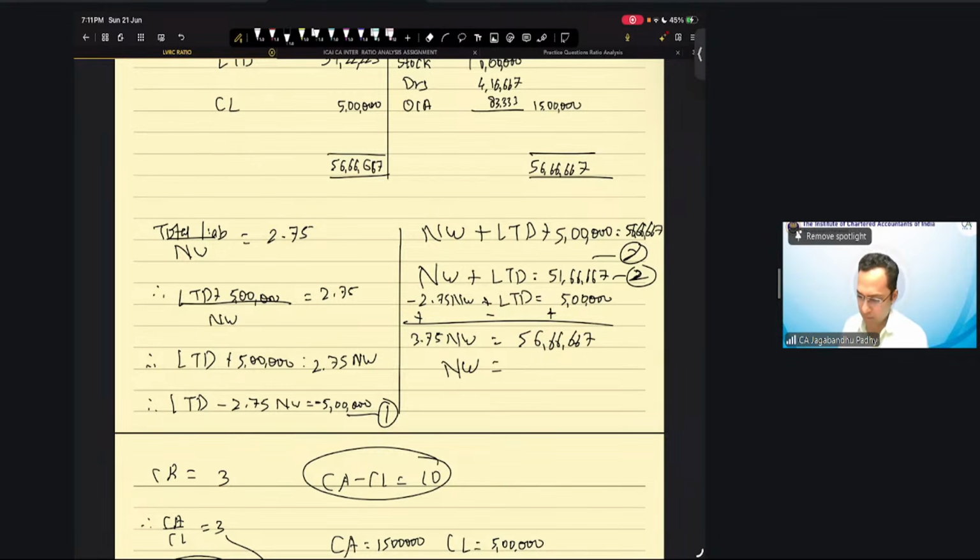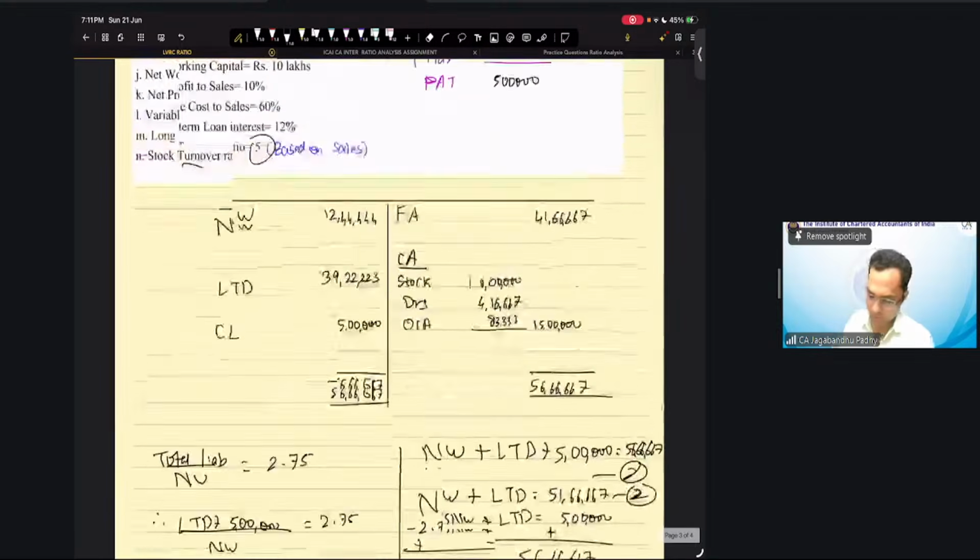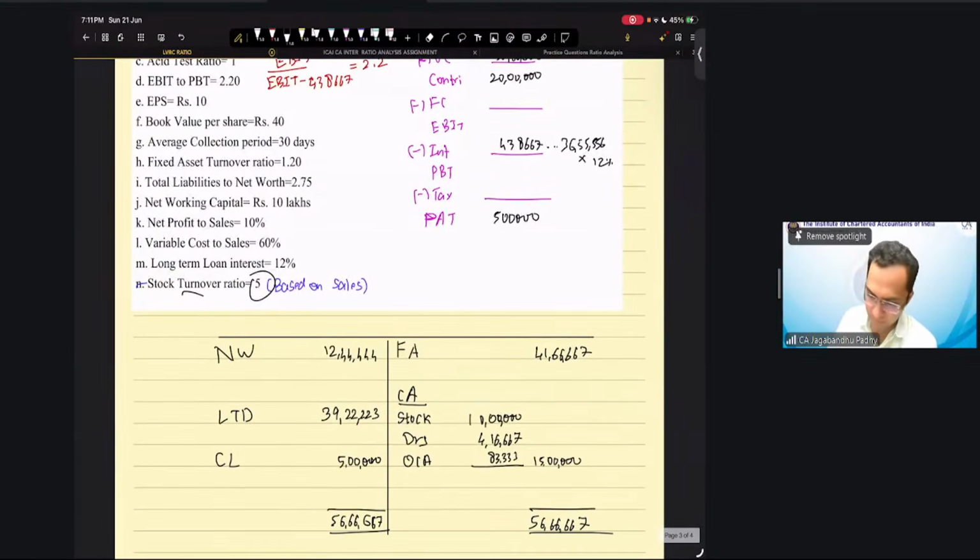So net worth is 56 lakh 66,667 divided by 3.75, which is 15 lakh 11,111. So the previous values were correct. So net worth is 15 lakh 11,111, and long term debt is 41 lakh 55,556.